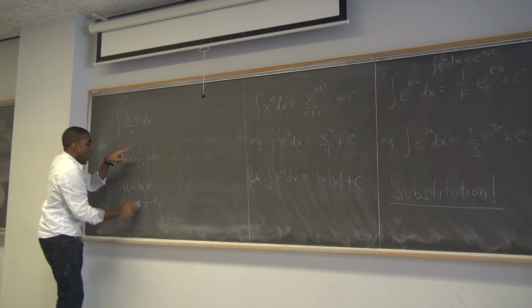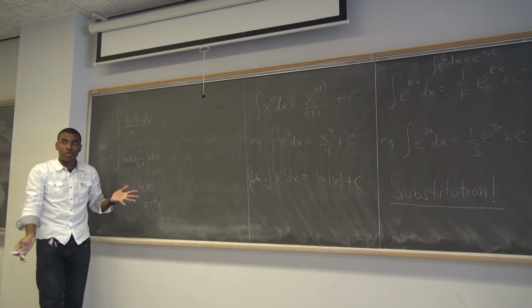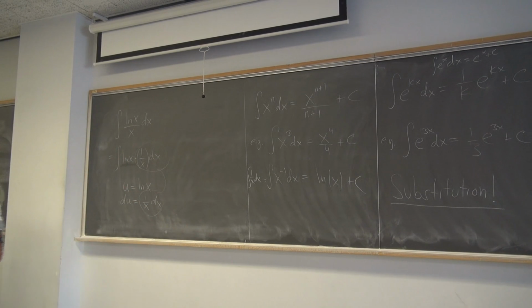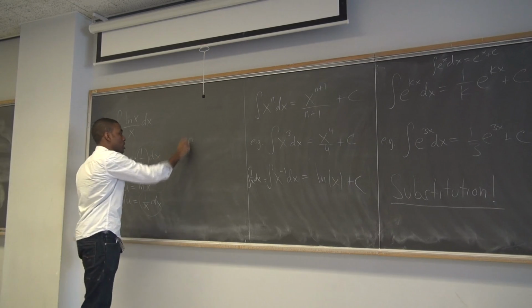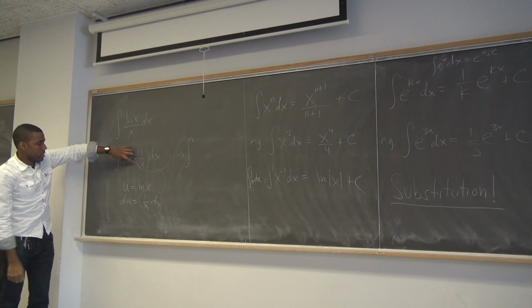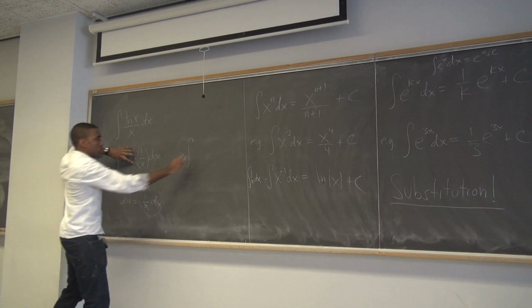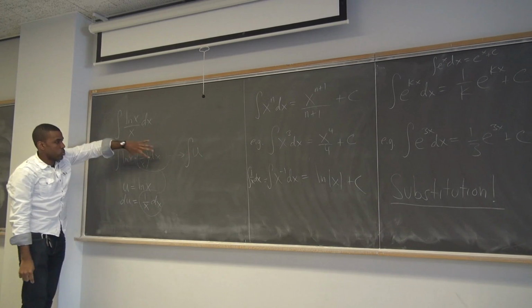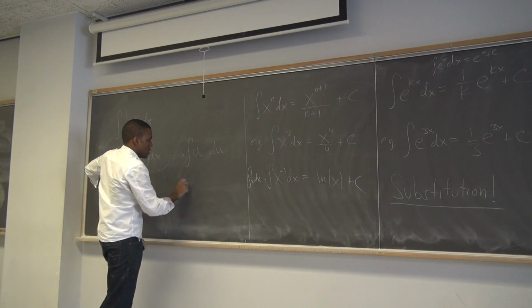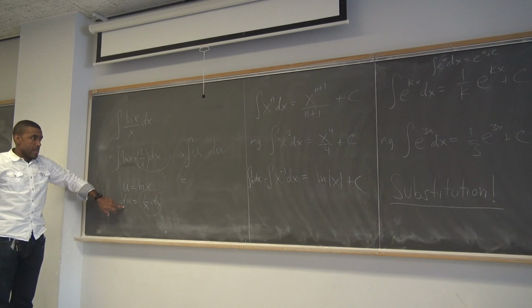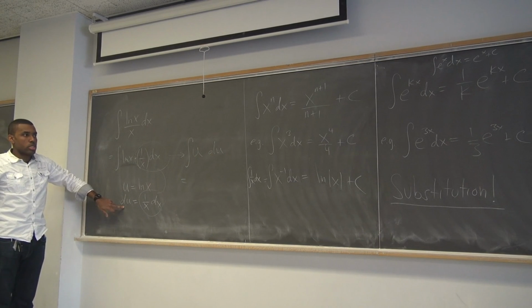And we have the 1 over x dx, right? So you sort of need that guy to be a factor. And so what happens is this integral just becomes ln x, which I replace with u. And then this 1 over x dx I can just replace with du. And now it looks like one of my rules.